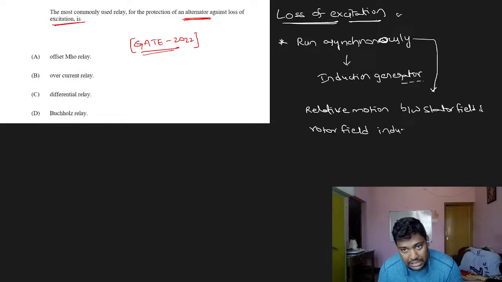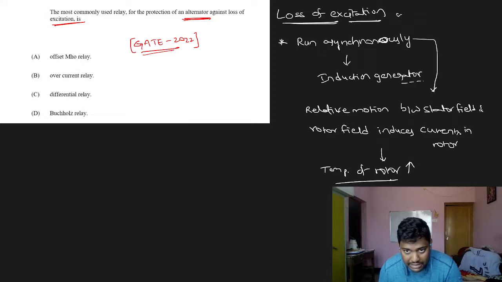As a result, they start inducing certain currents in rotor. Whenever currents are induced, what happens? Temperature increases. Temperature of rotor increases. Right.